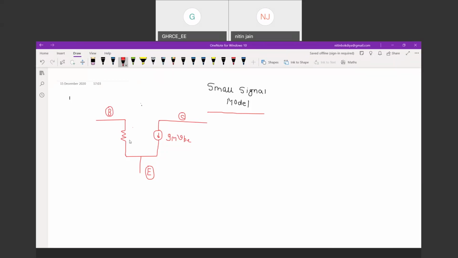This resistance is R pi, and the potential drop across the resistance is equivalent to VBE or V pi. So this is base, emitter and collector. This model is known as the hybrid pi model.